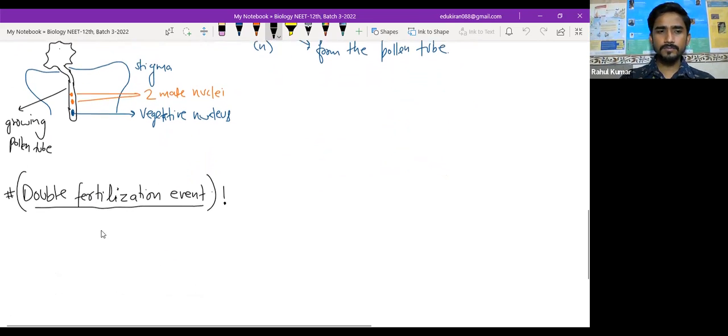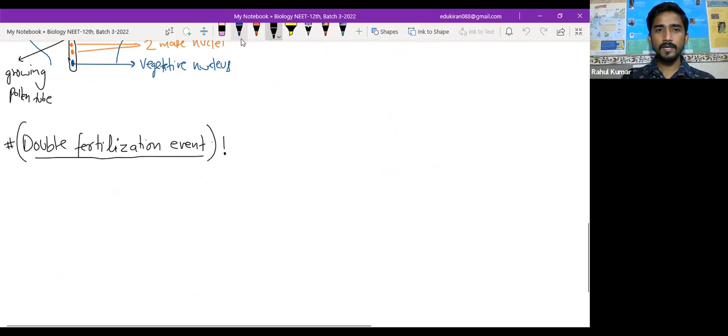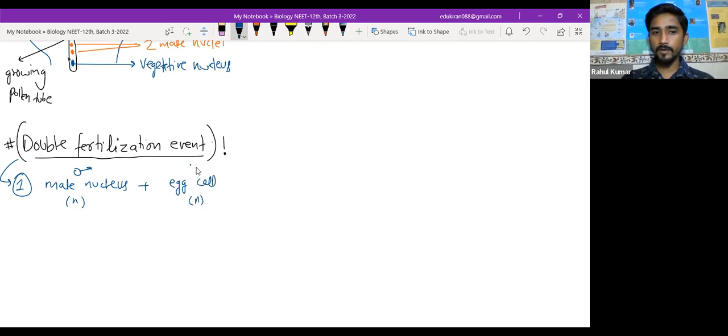Now let me tell you, just write this down. In double fertilization, there are two fertilization events happening. The first one is where the male nucleus, which is haploid, fuses with the egg cell, which is present in the ovary, which is again haploid. Is it clear, everyone?